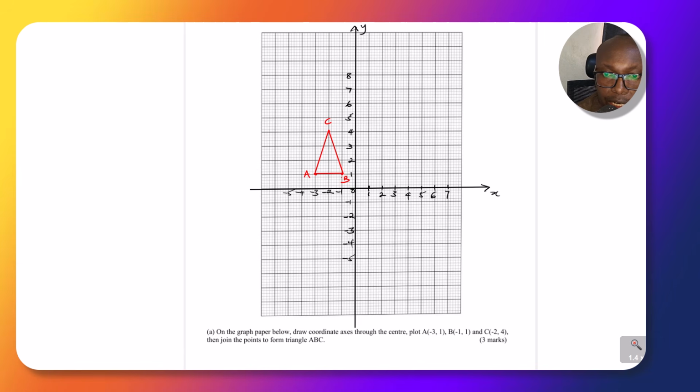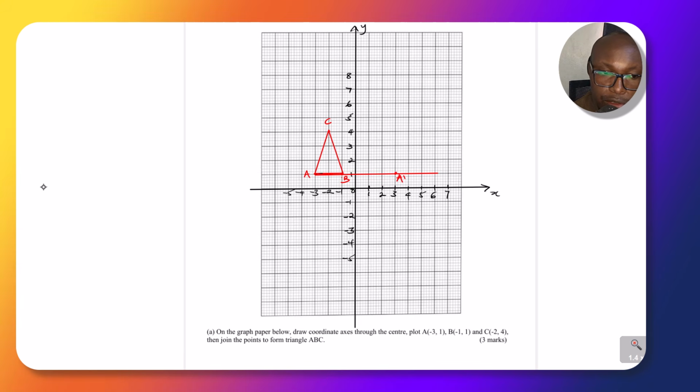Then from the mirror line along that straight line, because that is what you're supposed to do, you draw a straight line like that, just to explain. You count 1, 2, 3. Then from here, 1, 2, 3. So you're going to stop at this point. So this is why we shall have the image of A. A prime will be there.